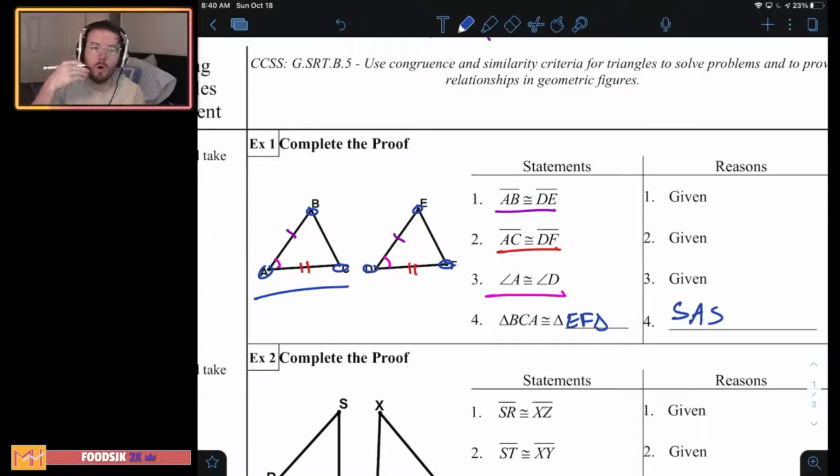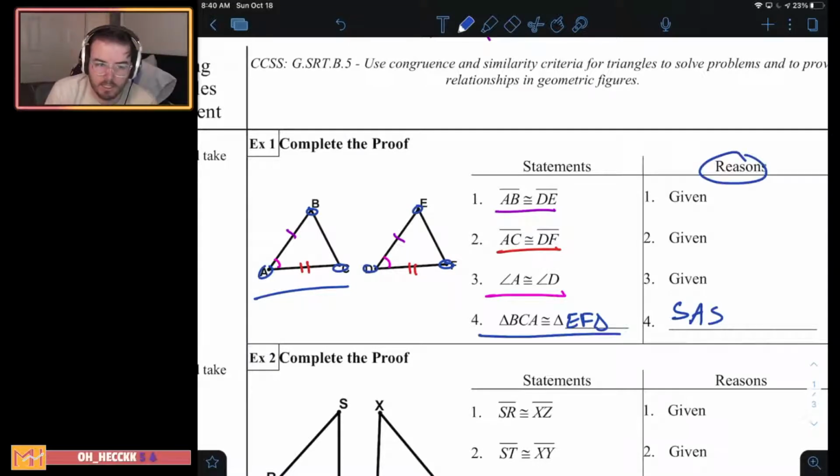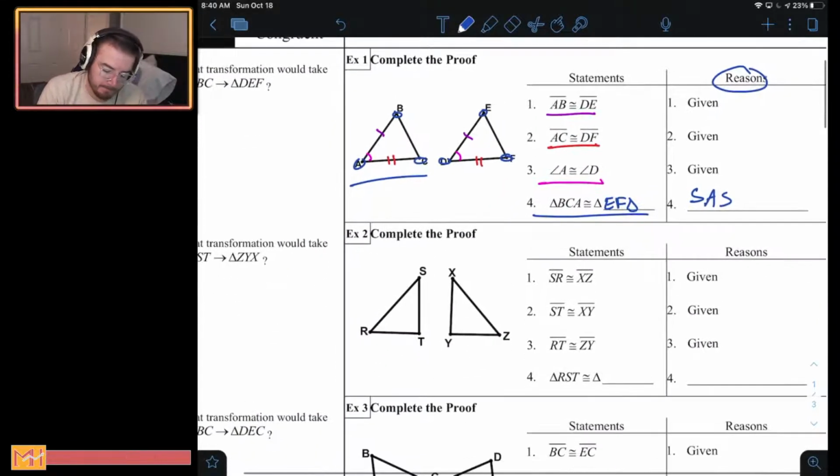And that is the reason why these triangles are congruent. Not because they look the same or because, well, obviously they're the same. It's, oh, well, I know that this side and this angle and this side are congruent. Oh, you do? Well, use side, angle, side to prove them congruent.